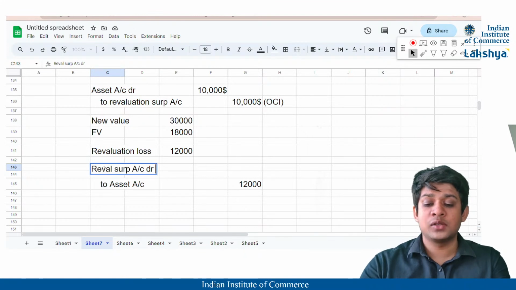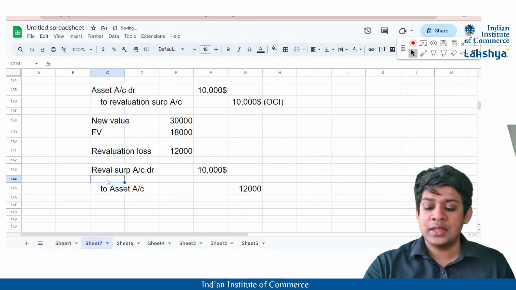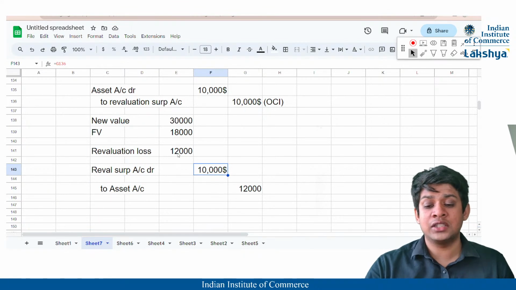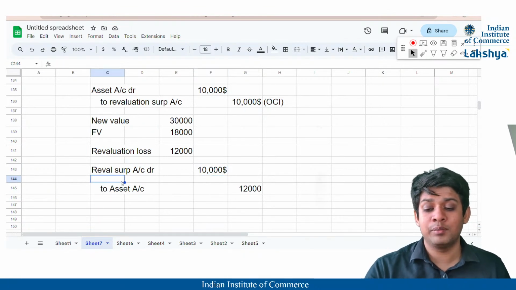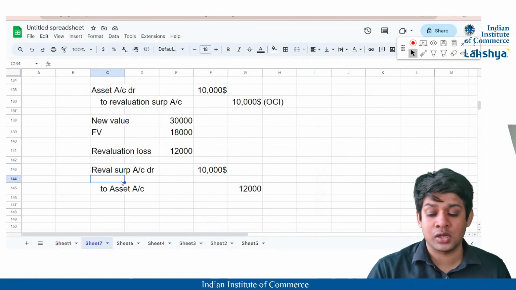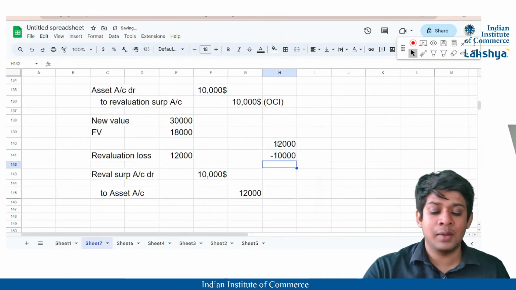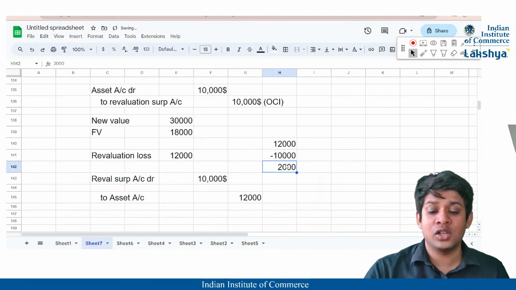Revaluation surplus will now be debited to remove the amount of 10,000 from my OCI. Then my total loss is 12,000, from which 10,000 is adjusted with the revaluation surplus, because I've removed the complete surplus, and the remainder is 2,000. So still my loss is there.